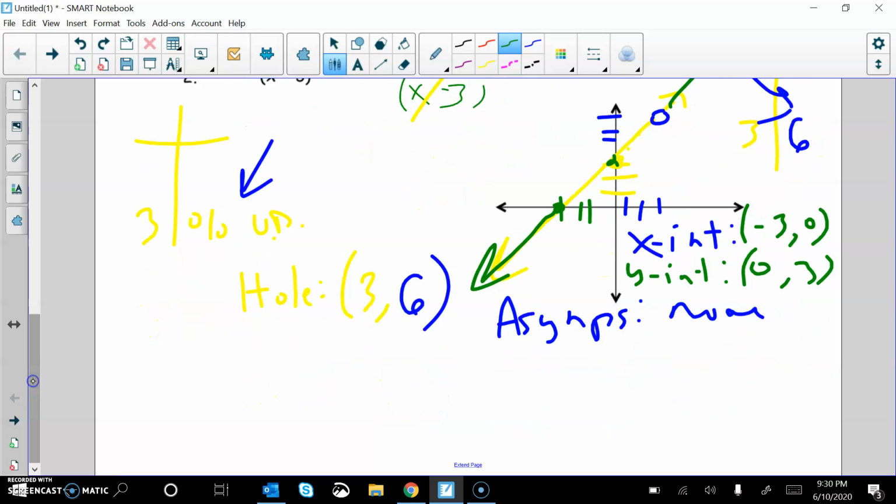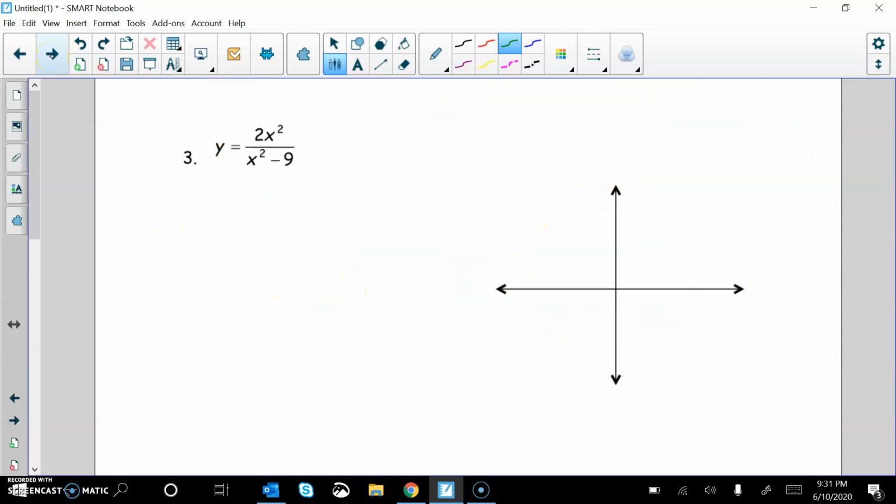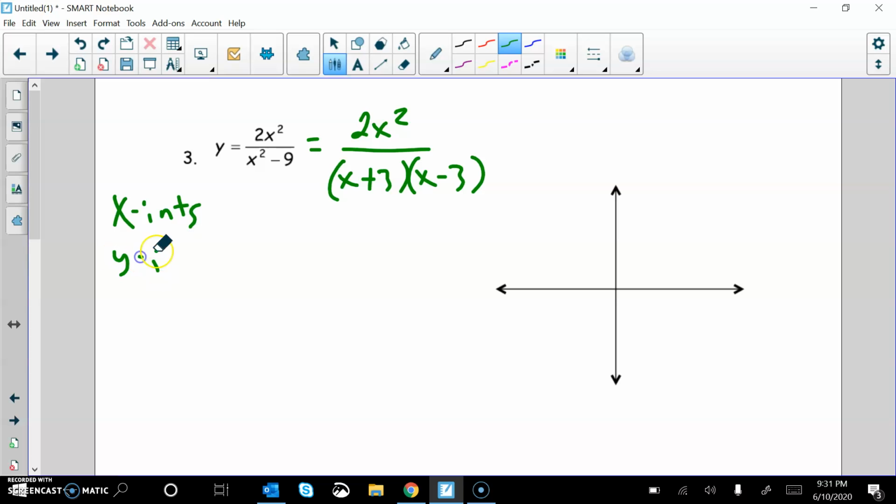All right, let's go to the next one. All right, 2x squared. The bottom's going to factor into x plus 3, x minus 3. Nothing cancels. So let's get our intercepts going.